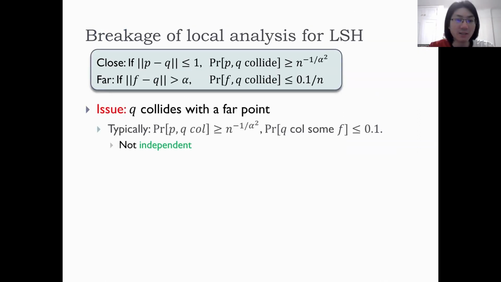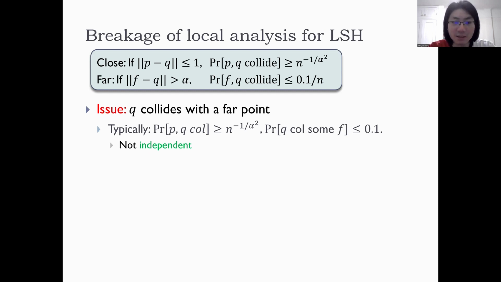Let's take a closer look at what the real issue is when Q collides with a far point. Typically, the probability that a close pair PQ collides is at least n to the minus 1 over alpha squared.